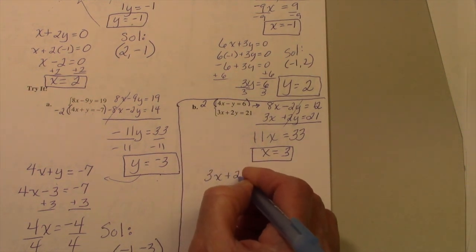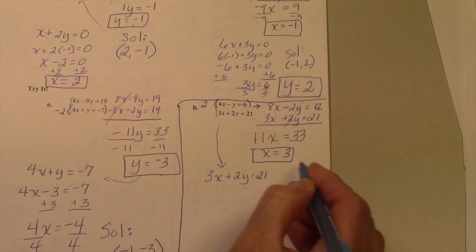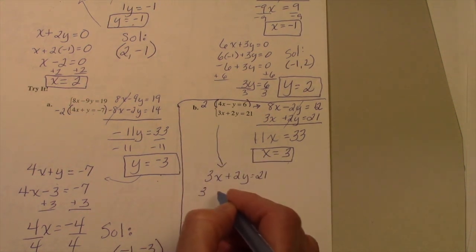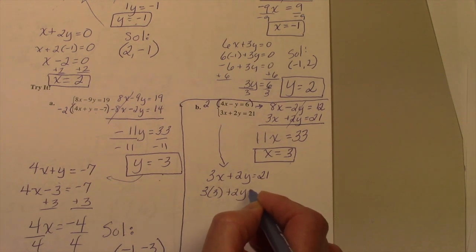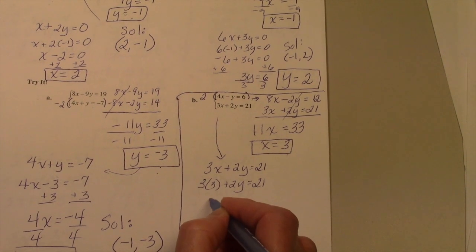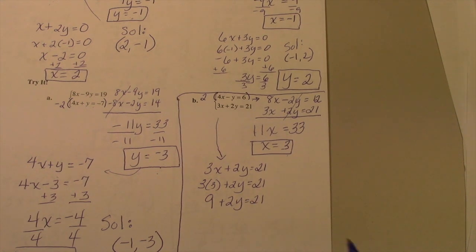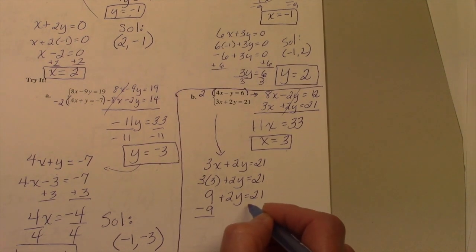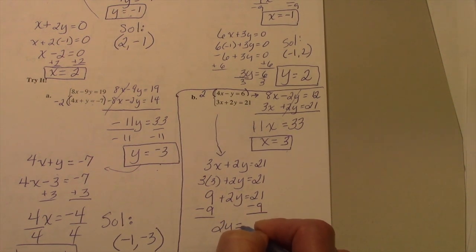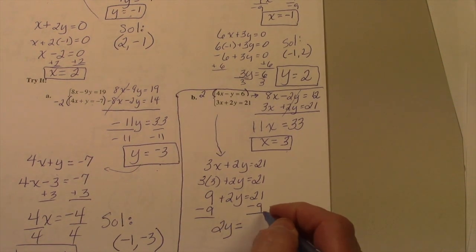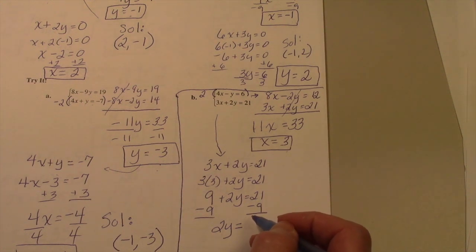3x plus 2y equals 21. So I just copy it down. Now I'm going to sub in. 3 times 3 plus 2y equals 21. 9 plus 2y equals 21. Minus 9, 2y equals, what is it, 12?